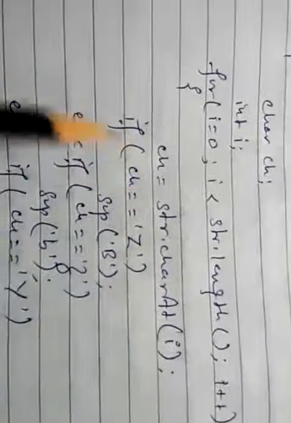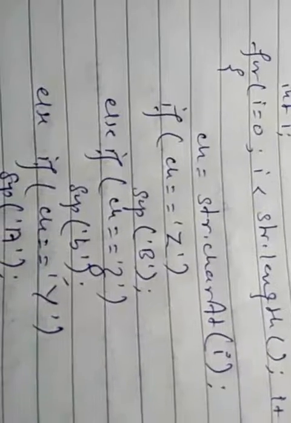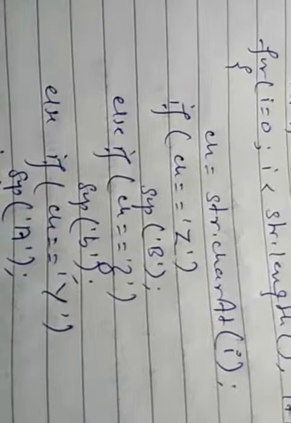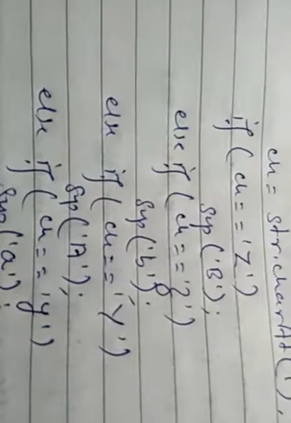So the first character will be extracted, then we will check. If the character is capital Z, then we will print capital B, and for the printing statement we will use only System.out.print. If the input character is small z, then the output will be small b. If the character is capital Y, then the output is capital A. If the character is small y, then the output is small a.